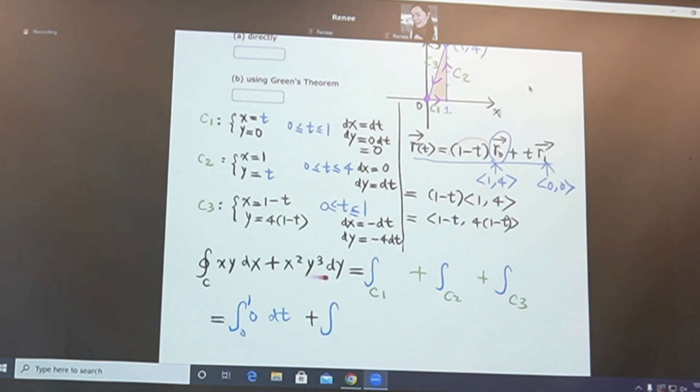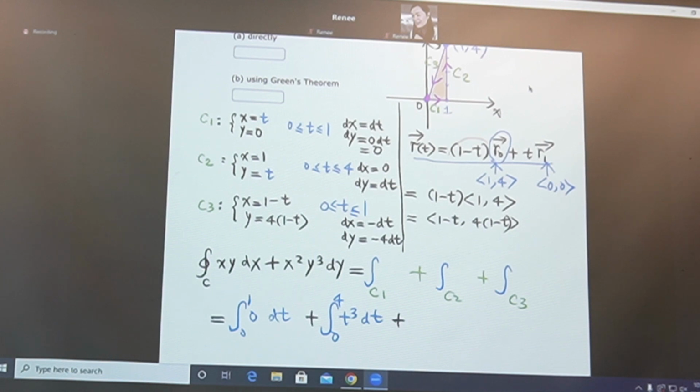This part here will be x squared times y cubed, which is t cubed. And what's dy? dy is dt. So that will be t cubed dt, t goes from 0 to 4. Right now it doesn't look too bad, but okay.